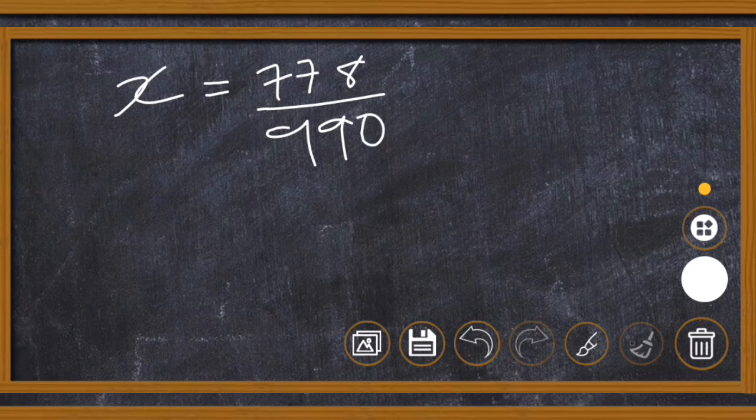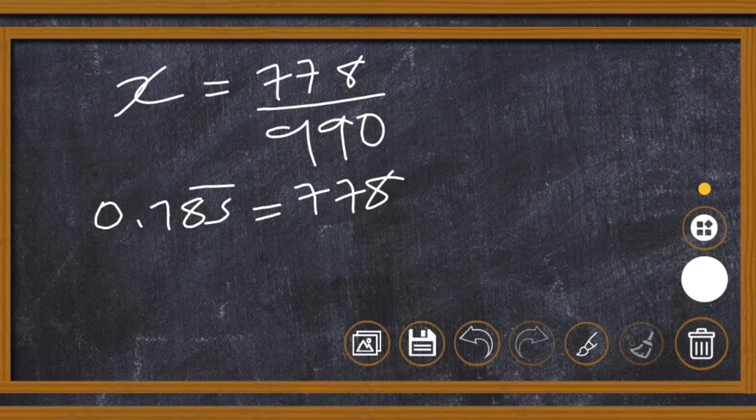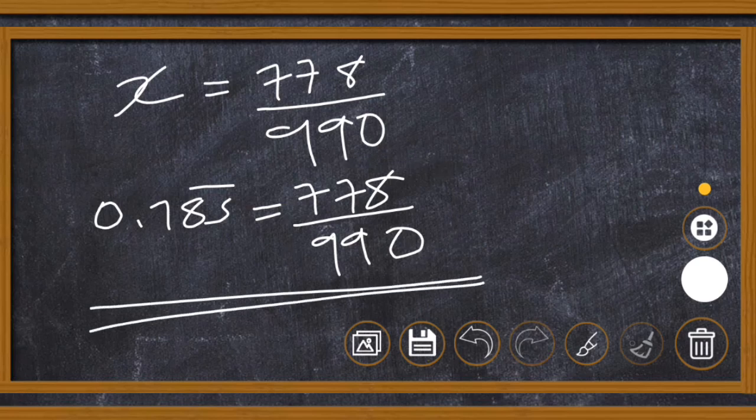So if you can simplify further, well and good, you can do likewise. So in this case then, we have shown that 0.785 is the same as 778 over 990. So you can simplify this fraction if you want, but if you're leaving it that way, it's okay. So in this case, this is our answer.